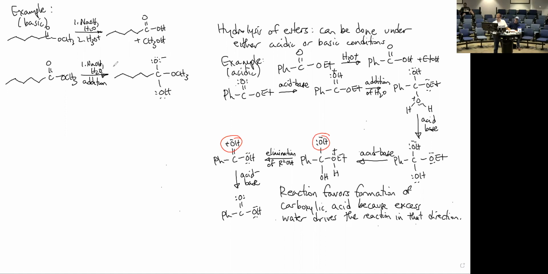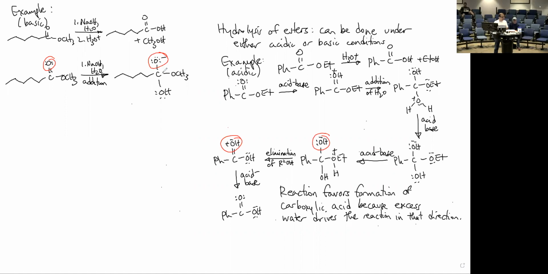So all that's happened is the hydroxide ion from the sodium hydroxide has added into our carbonyl group. Meanwhile, this O- used to be that oxygen over here. And that's pretty common to see species with a minus charge in basic solution.